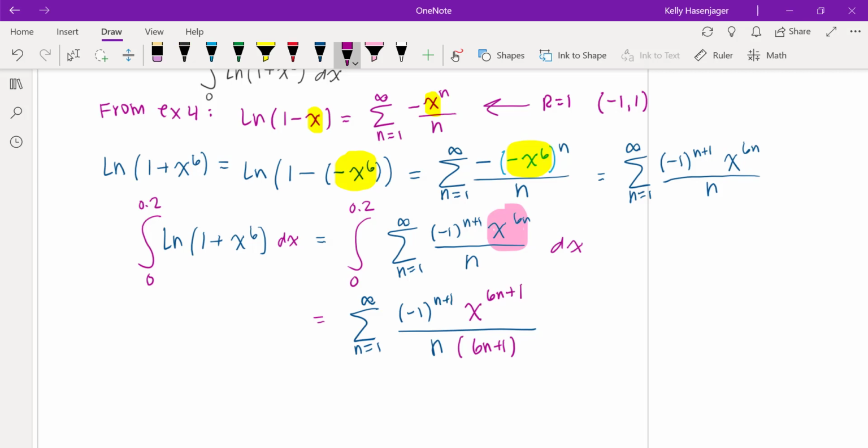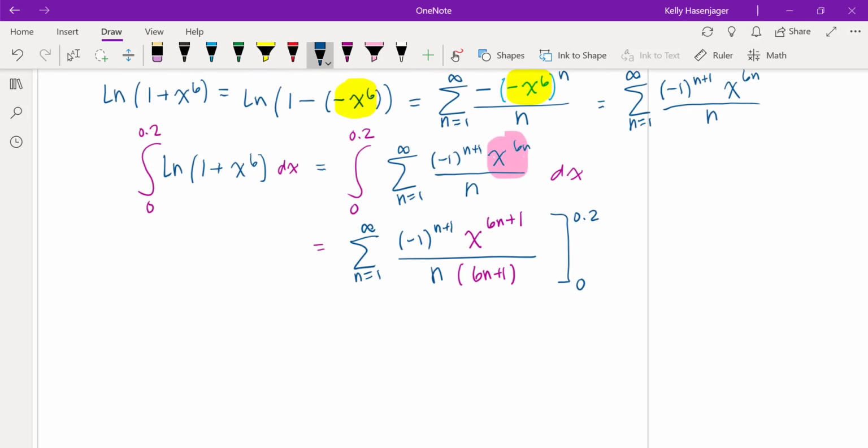Usually for integrating we would have a plus c, but this is a definite integral. So we're actually going to put our bounds, our limits of integration, 0 and 0.2 out here. So we're going to plug in 0.2 for x.